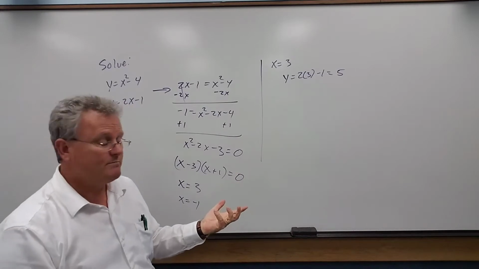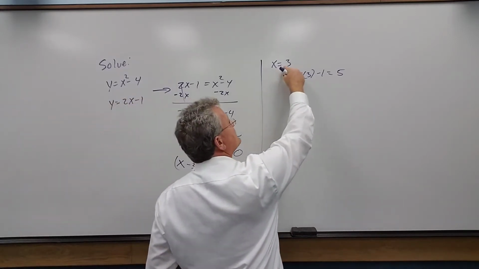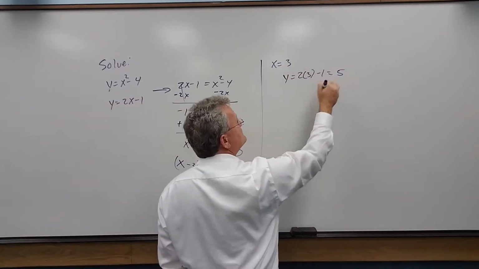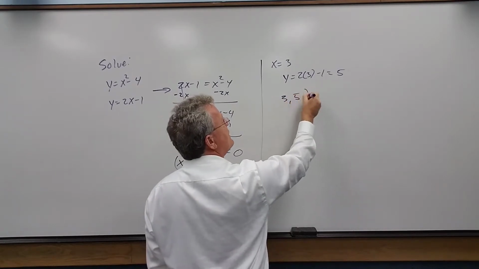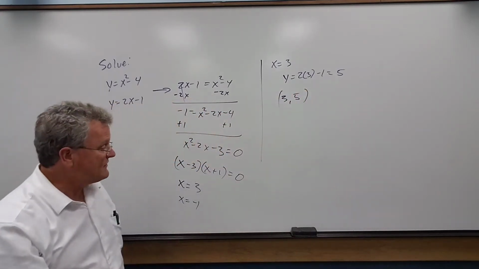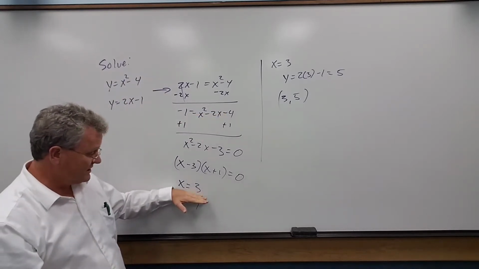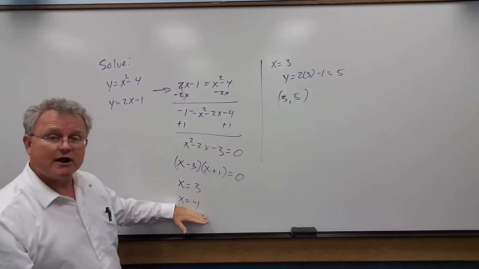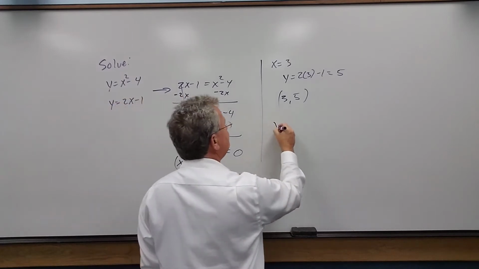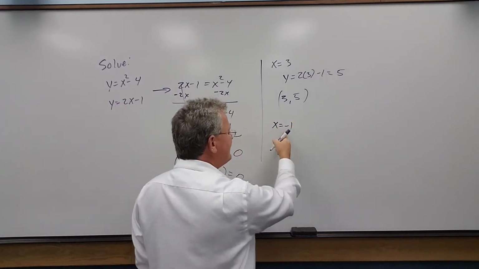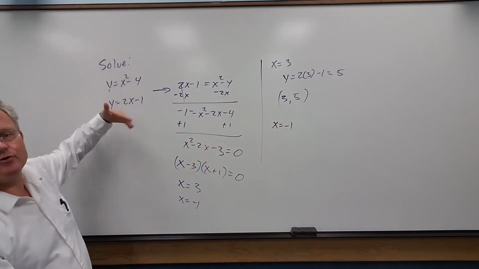Now this is an ordered pair solution. When x is 3, y is 5. So the point that is the solution to this system is (3, 5). That's one of the answers. And we get another answer when x is negative 1. Again, you can plug that into either equation.